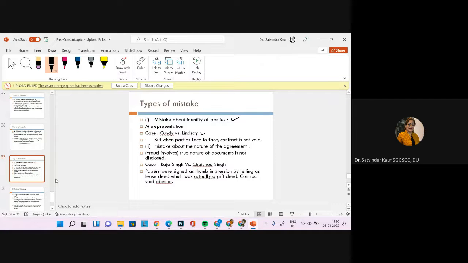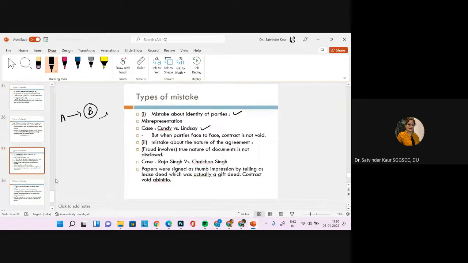There is a case law of Lindsay wherein it is said that party A has placed an order to B, right?